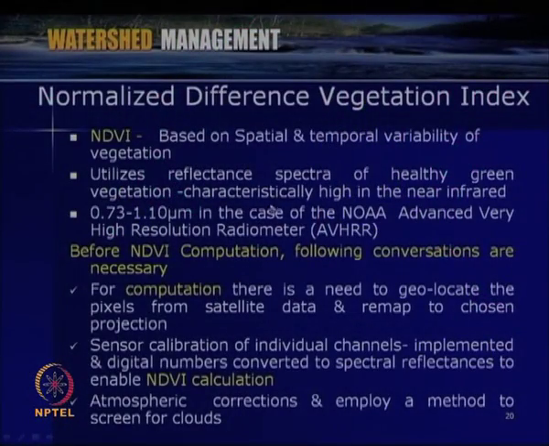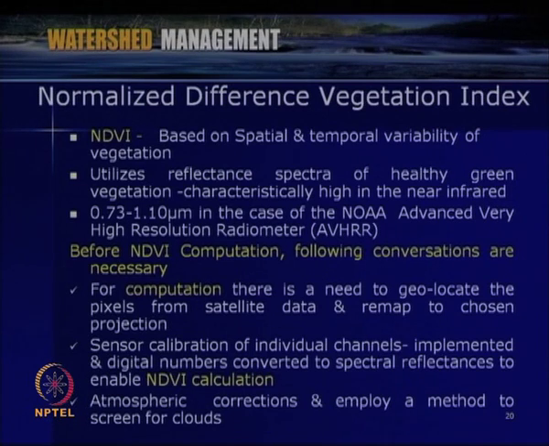As we discussed, nowadays remote sensing is one of the commonly used tools to identify the land use and land cover pattern for the given watershed or area. Through remote sensing we can get the vegetation index for the given area, and then we can derive a parameter called NDVI, or normalized difference vegetation index.